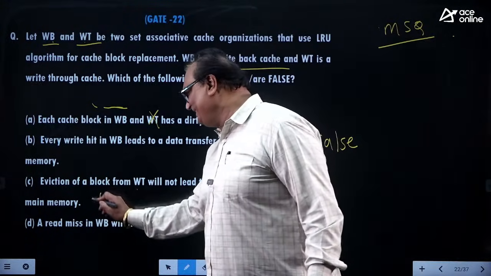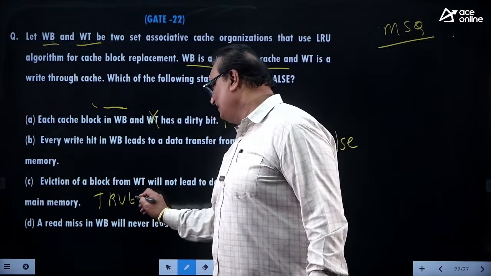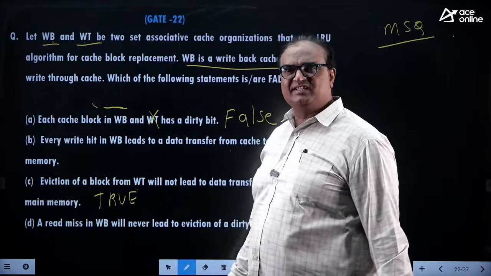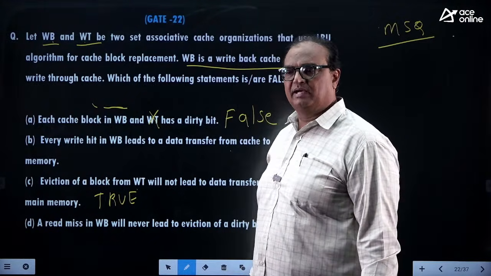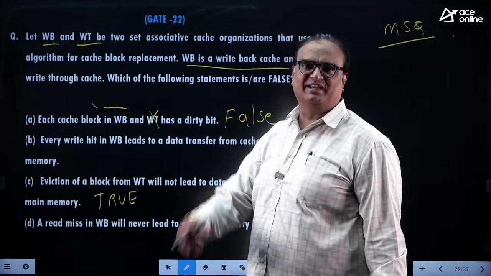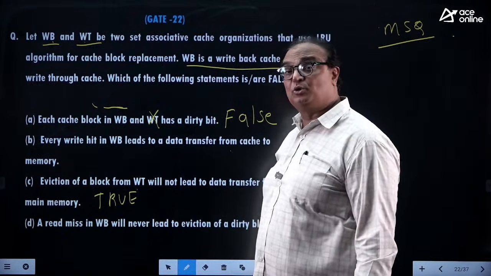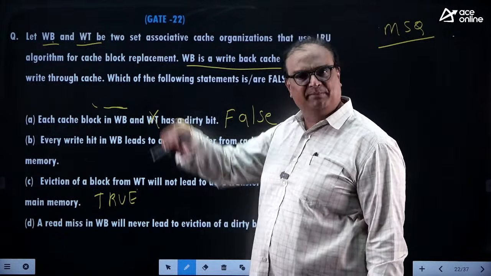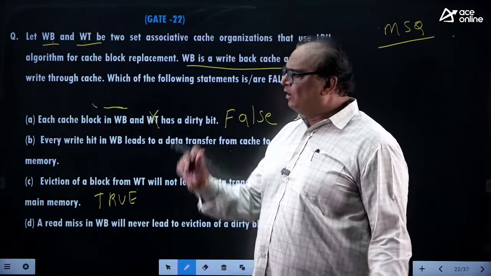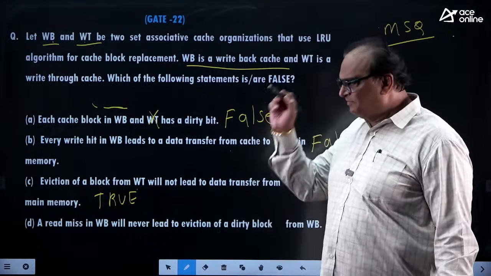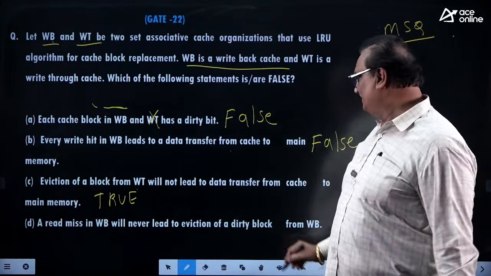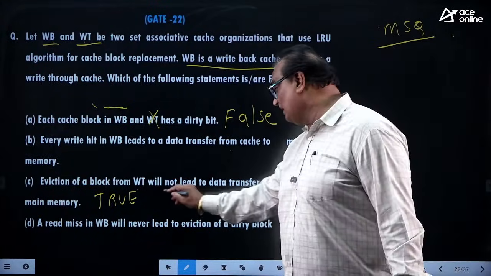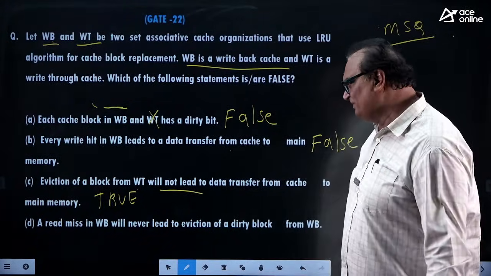Yes, true it is, because if it is a write through cache, whenever the processor wants to evict a current block for mapping a new block in its place, it is not needed to transfer the present cache content to main memory. While performing a write operation, the processor writes not only in cache memory but also in main memory directly. That's why it is true. Will not lead to means true.